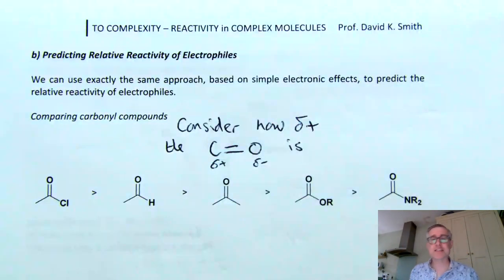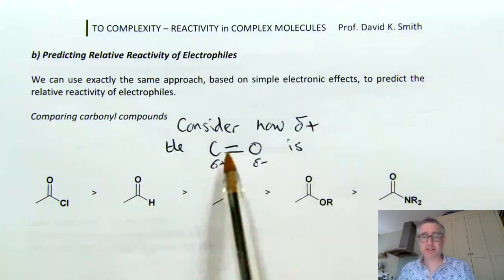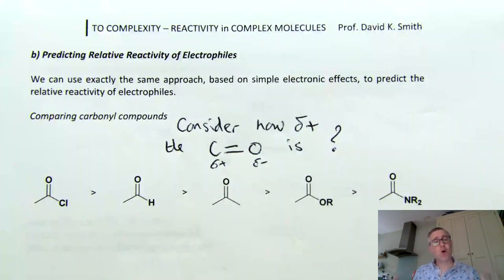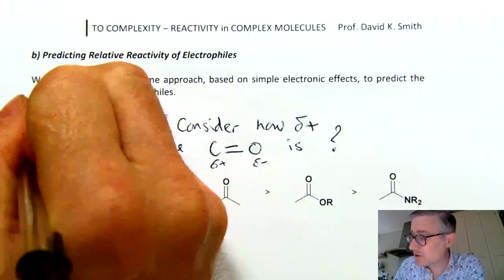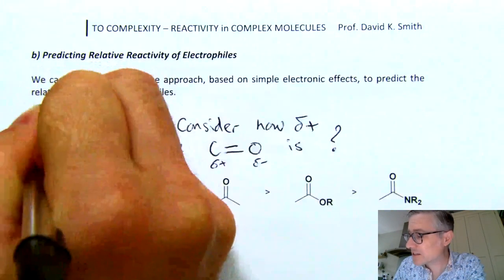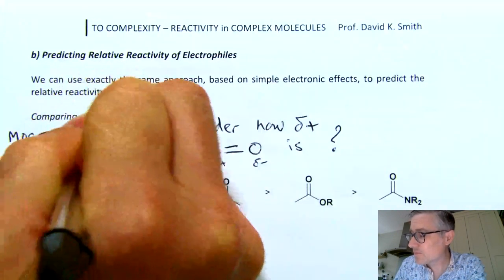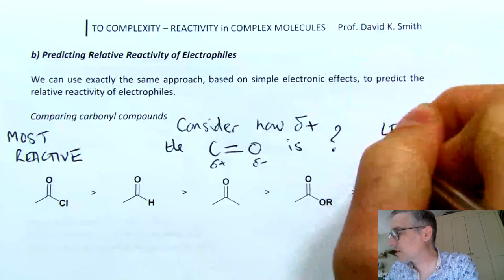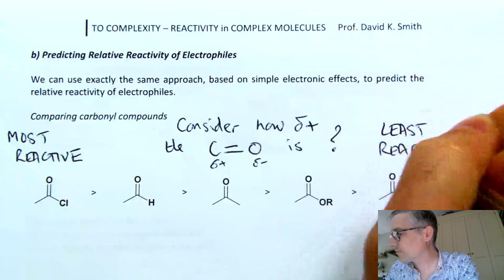So we need to understand how delta plus that carbon is. And we can organize these compounds from the most reactive to the least reactive. And I'm going to talk you through that.